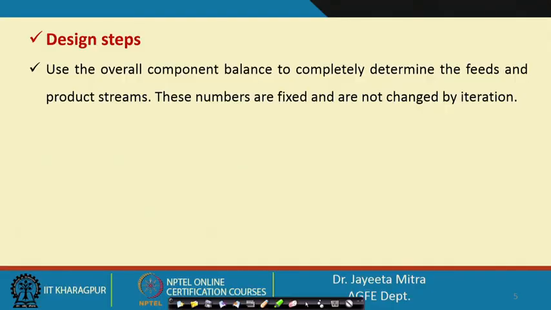So 3 concentrated streams are coming out, and similarly the vapors V1, V2 and V3. Their number does not change through the whole system, but their values may change as you perform iterations one after the other.